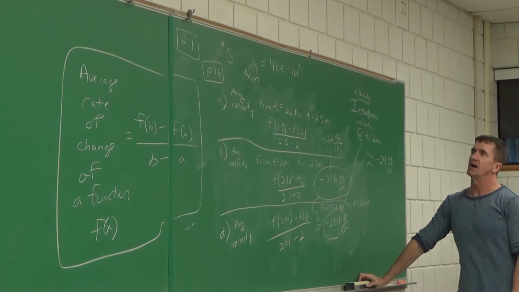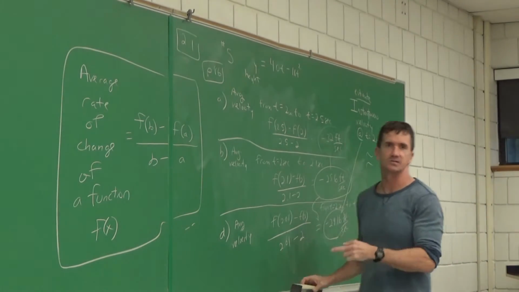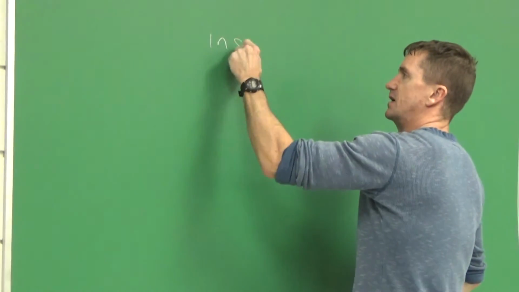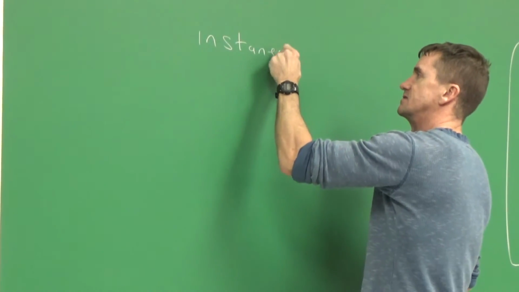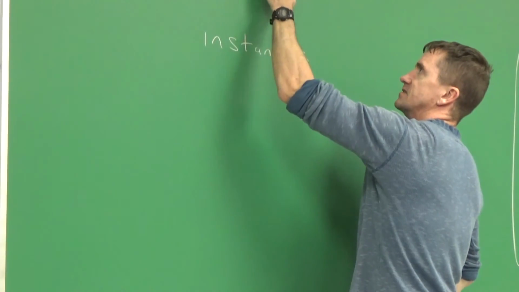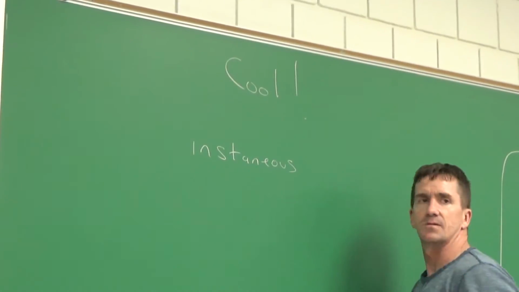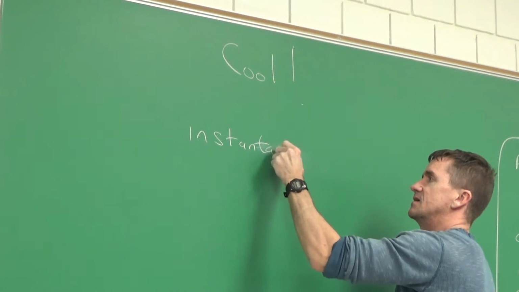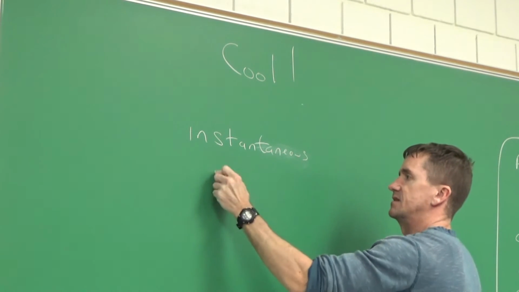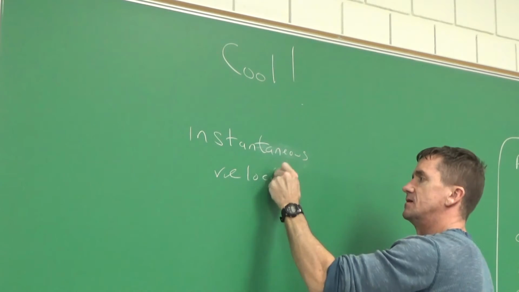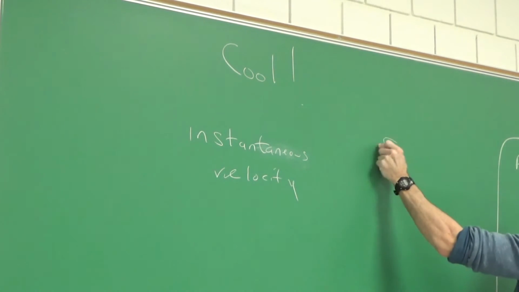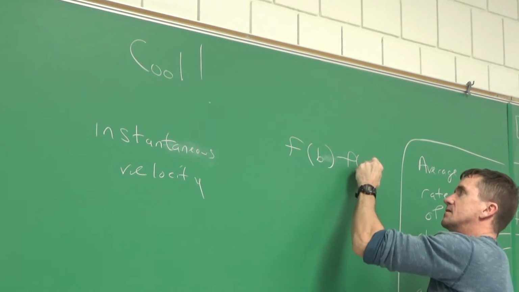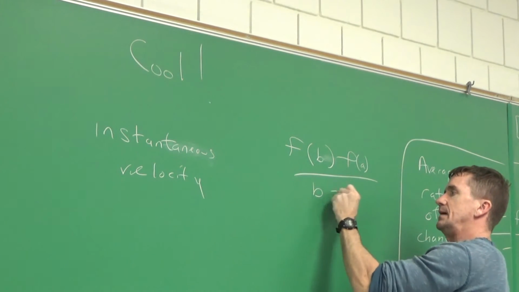So the real idea is that eventually we're going to say, we're trying to find this. This is what instantaneous velocity is. Right, so this diagram, here's where math gets cool. Instantaneous velocity for this problem would be, okay, keep doing your f of b minus f of a, keep doing that, right?